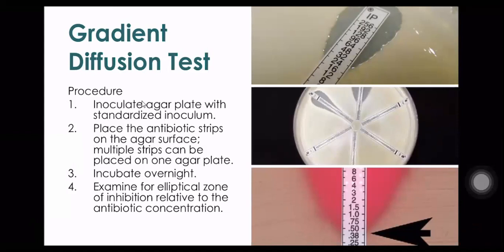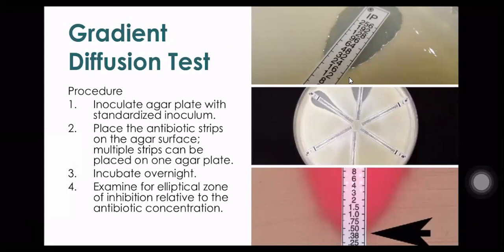Okay, the procedure is, first you inoculate the agar plate with the standardized inoculum, or the test microorganism. Then we place the antibiotic strip on the agar surface. Multiple strips can be placed on one agar plate.